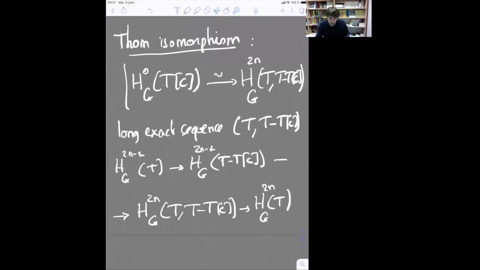And so we have a Thom class here. We have the Thom class associated to our divisor. So I will rather say that here we have the class of our divisor by the Thom isomorphism.